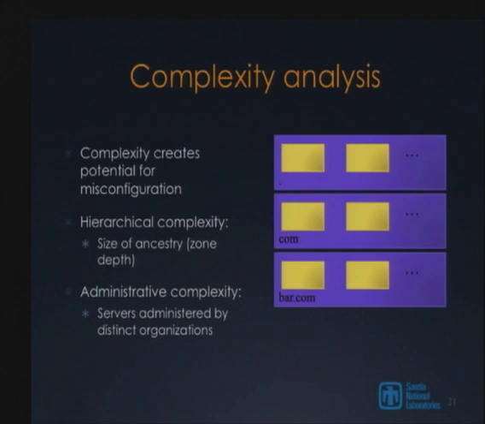And then administrative complexity has to do with: I run my zone example.com, and, we'll use an example that's closer to home, Purdue.edu, and you want to share servers with Illinois.edu because they're good friends. Maybe Indiana, I don't know. So you guys are hosting each other's data because it's cheap.